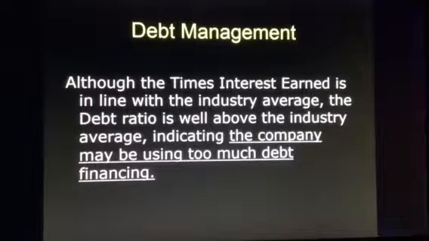Notice here that there are two types of ratios where lower is better than higher. For most of the ratios we deal with, higher is better than lower. The average collection period: lower is better than higher, because the higher that measure is, the longer it's taking you to recover your cash from your credit customers. So we want to get money, all else the same, faster rather than slower.